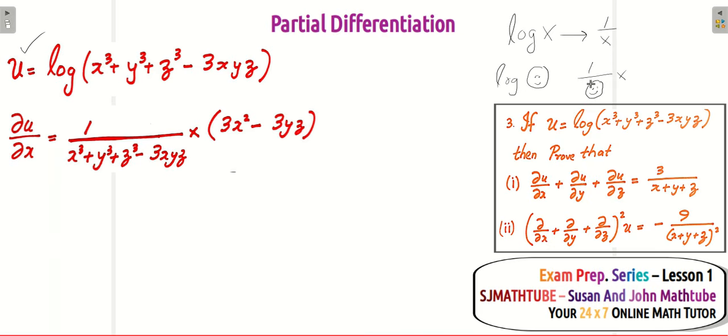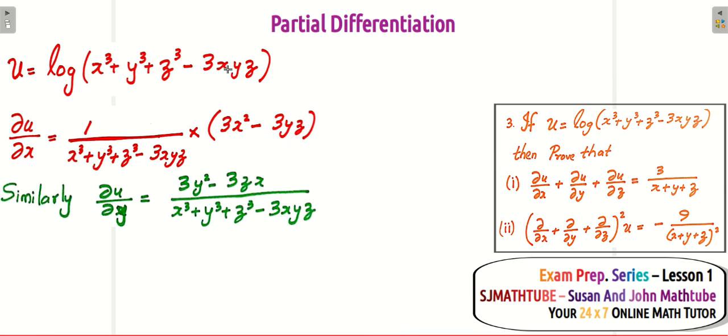And then, according to chain rule or function of a function, you have to differentiate that particular quantity. Okay, so are you able to see log something? So log something once differentiated will give you 1 by the same thing, and then you have to differentiate this quantity. Wait, we are doing partial derivatives, and that means x is the only variable, and that's why I got 3x square plus 0 minus 3 y into z.